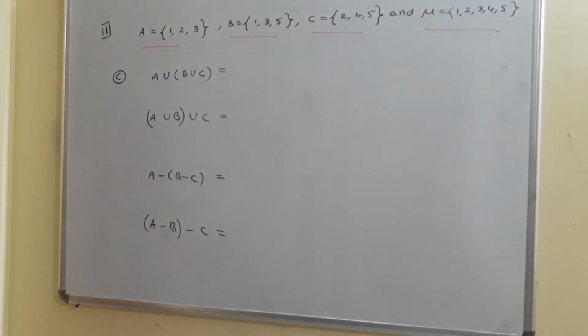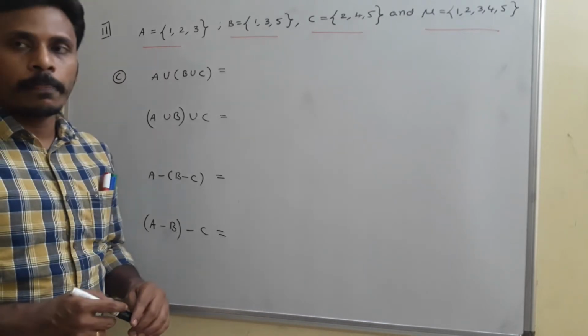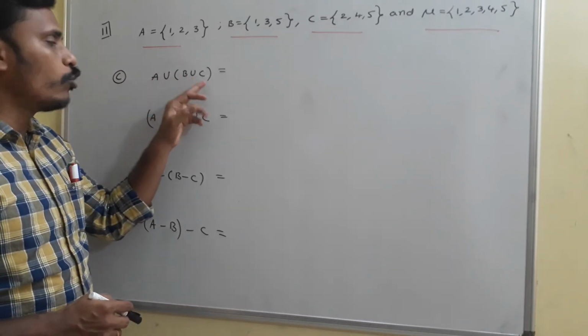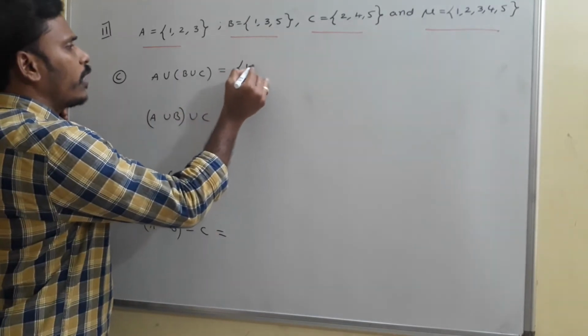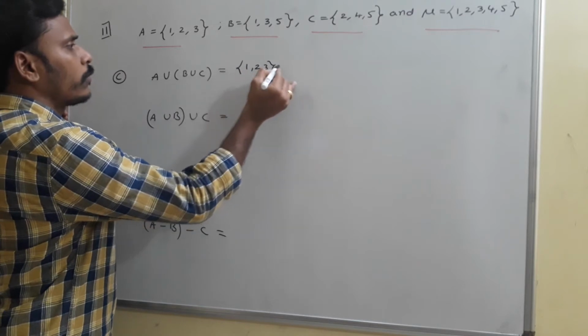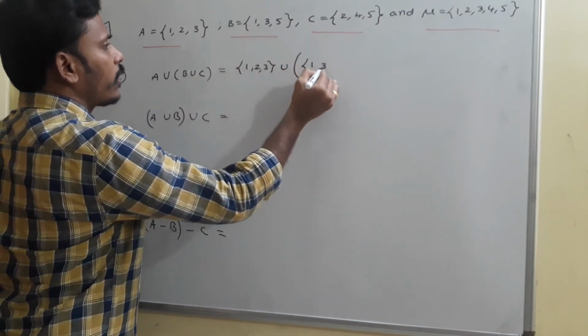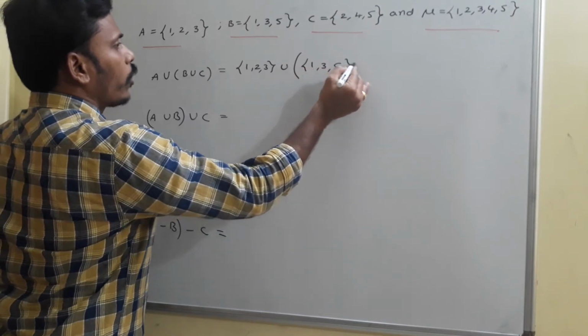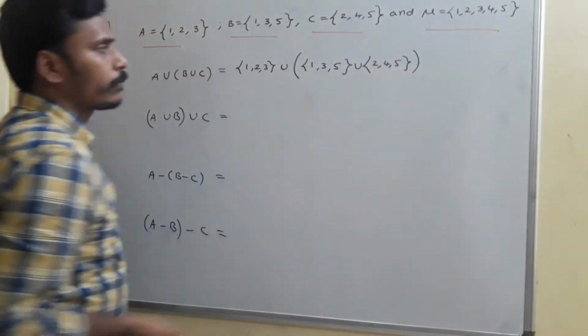Look there on the board, 11C. Four more sets whose elements we need to find from the given sets. A union of B union C. Everything is the same actually. A is the set containing 1, 2, 3 union B union C. B is the set containing 1, 3, 5 union C, the set containing 2, 4, 5.